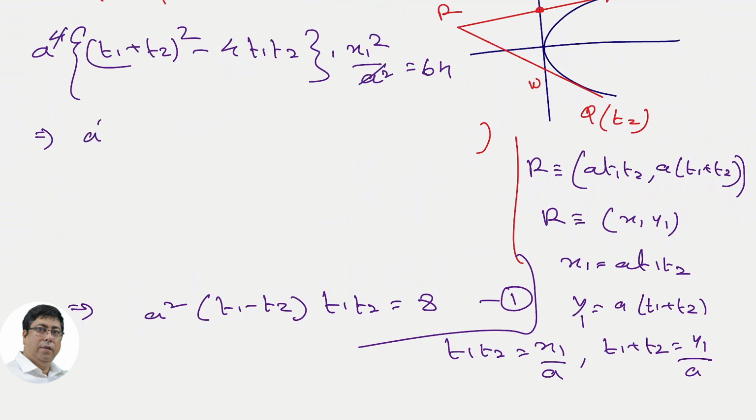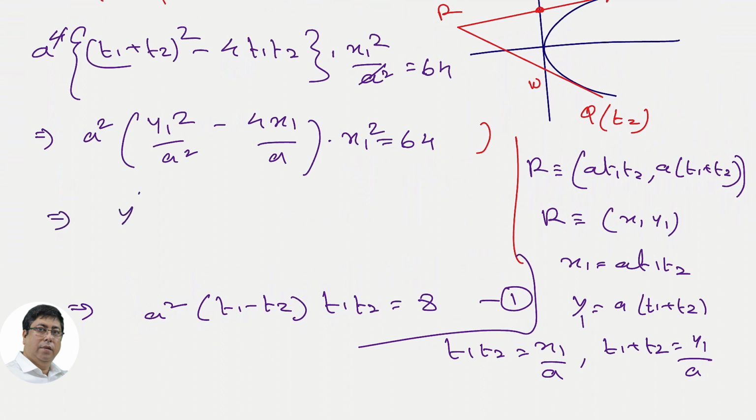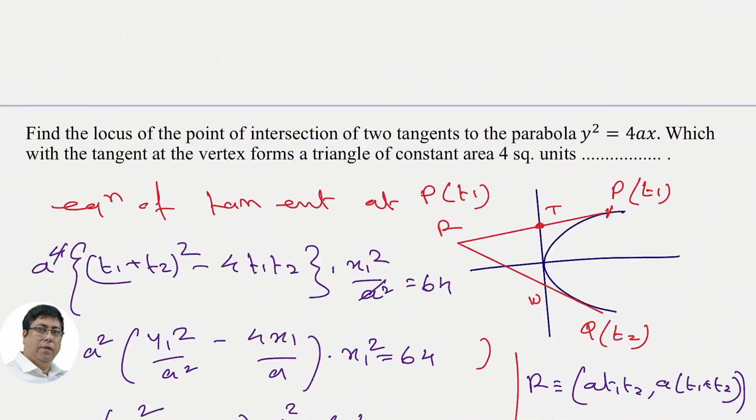So we are getting a square into y1 square by a square minus 4 x1 by a, into x1 square equal to 64. Therefore, we can get (y square minus 4ax) into x square equal to 64, putting x and y instead of x1 and y1.